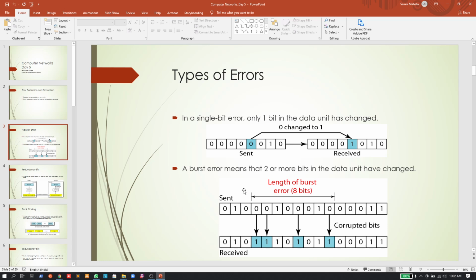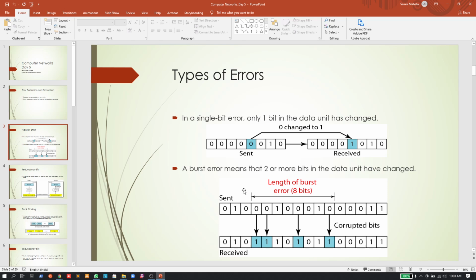But if 2 or more bits of errors are there, but the errors are not continuous in nature, we call it a multi-bit error. And in the case of burst error, if more than 2 bits of data have been compromised, and the bits are consecutive in nature, we call that a burst error.